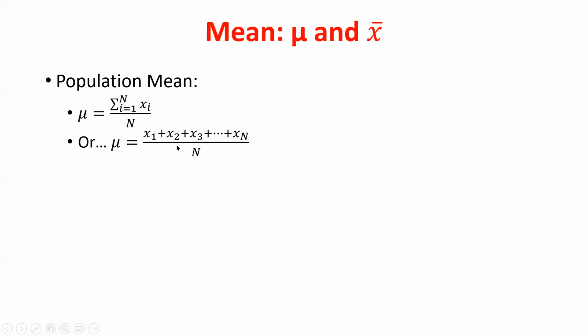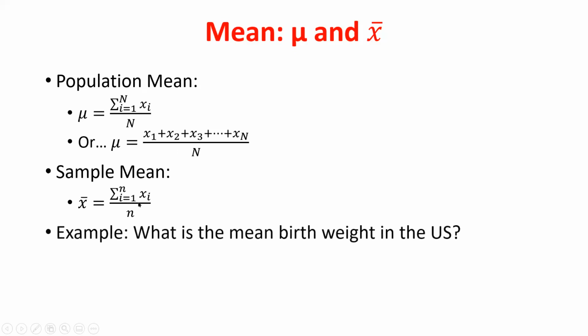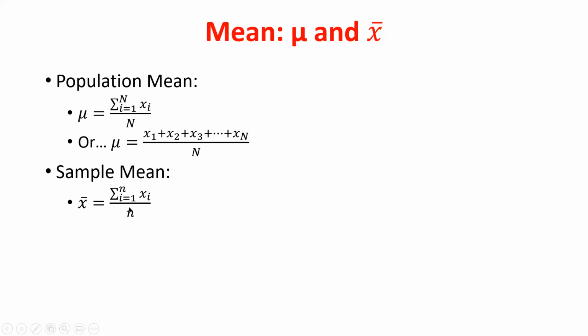The sample mean, I'm going to calculate the exact same way. There's just one slight difference, which is instead of capital N, I'm going to use lowercase n here. Lowercase n represents the total number of observations in my sample data. Capital N, number of observations in the population, lowercase n, number of observations in my sample.